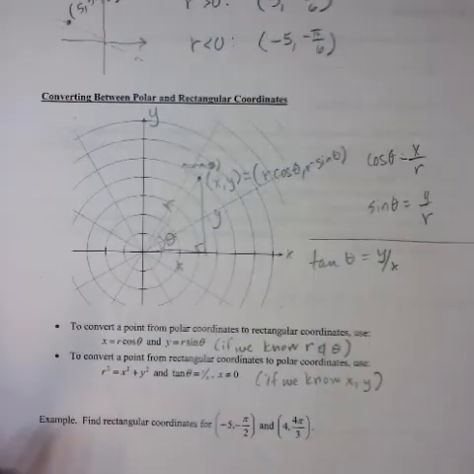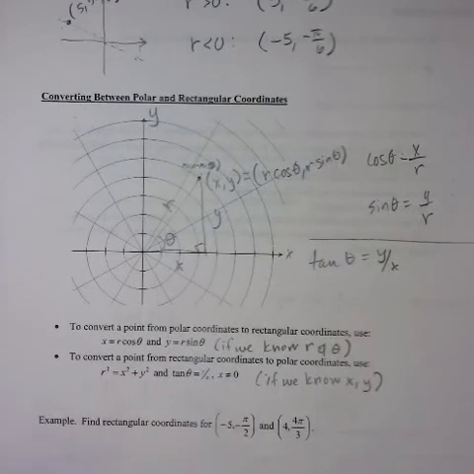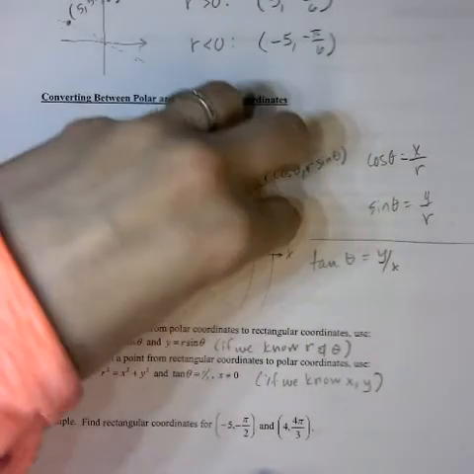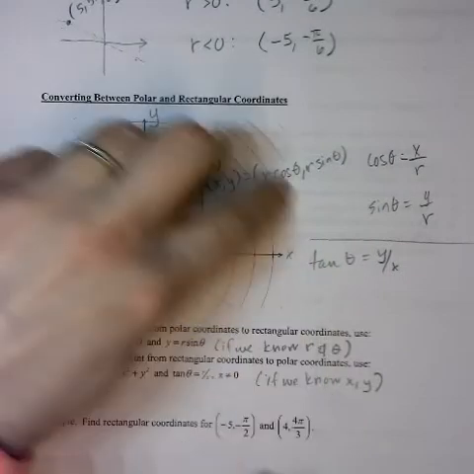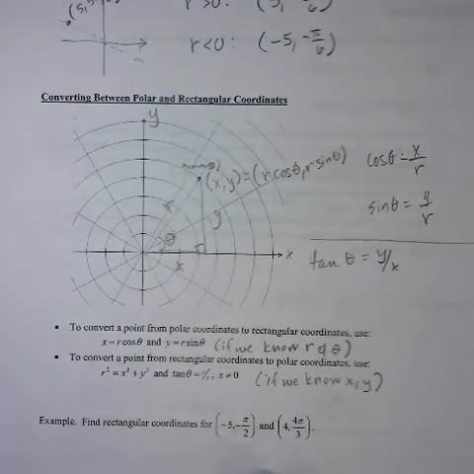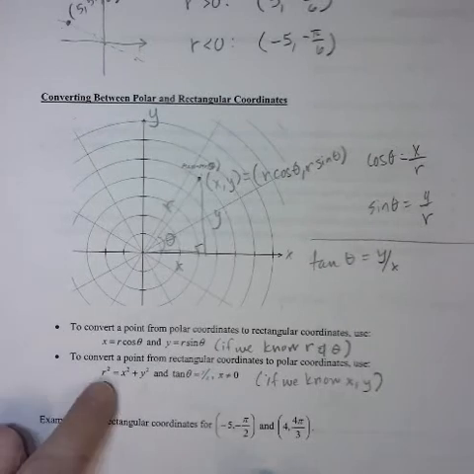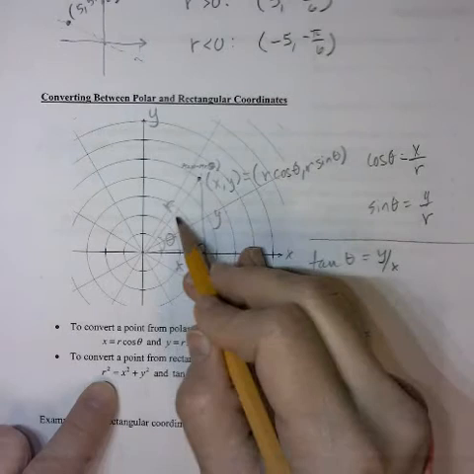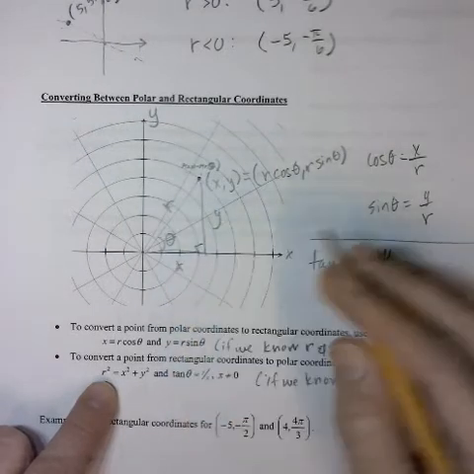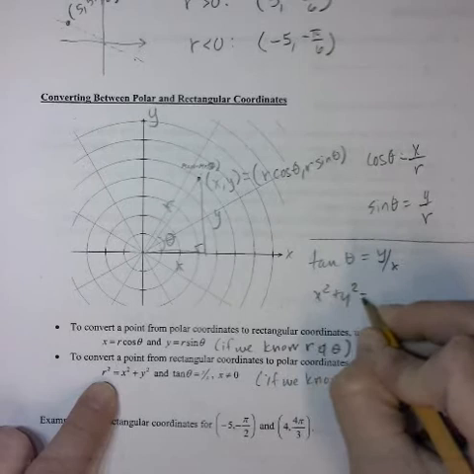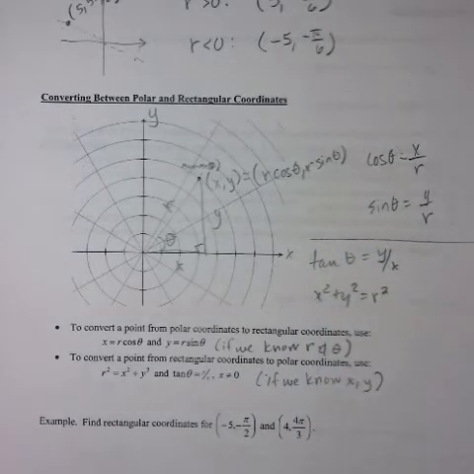Now you have to be mindful that we're using tangent inverse, that we might need to make an adjustment to get in the right quadrant, because tangent inverse is only going to give us an answer in quadrant 1 or quadrant 4, -pi over 2 to pi over 2. So make sure you get theta in the right quadrant. And then r, of course, just use the Pythagorean theorem, r squared is x squared plus y squared, and solve that for r. And r can be positive or negative. You just have to make sure you're getting the right theta that corresponds with that.